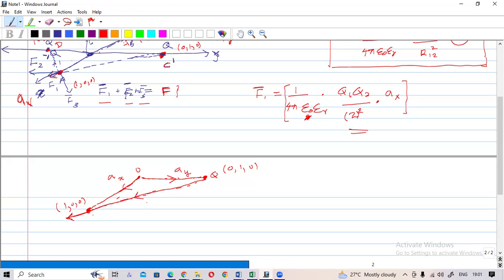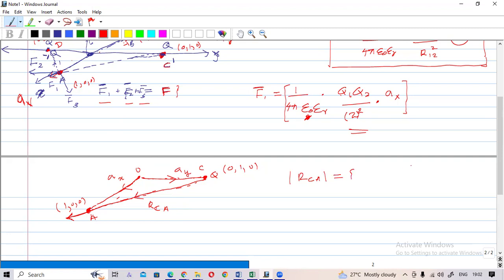So if you consider that distance, let's say this point is C and this point is A. Let's say this length is R from C to A, RCA.